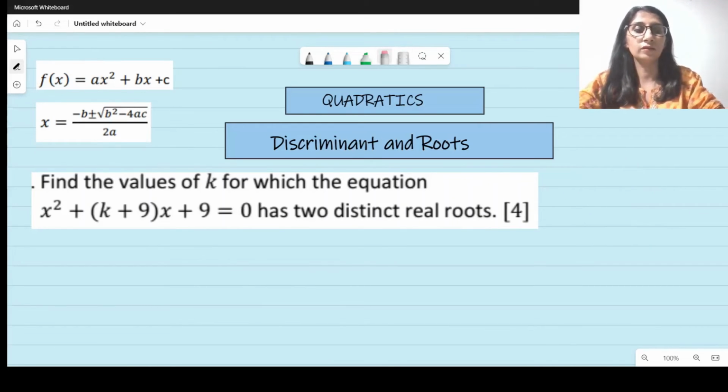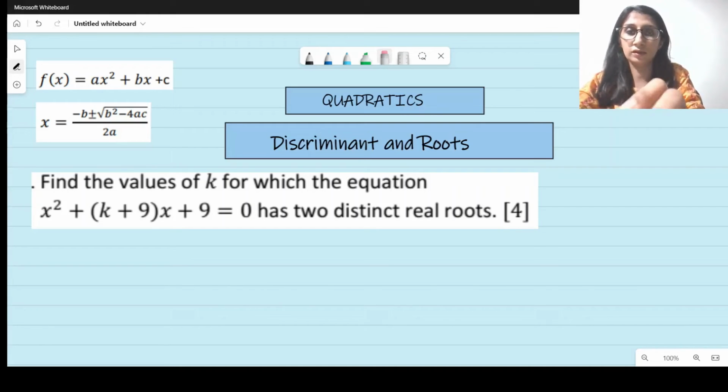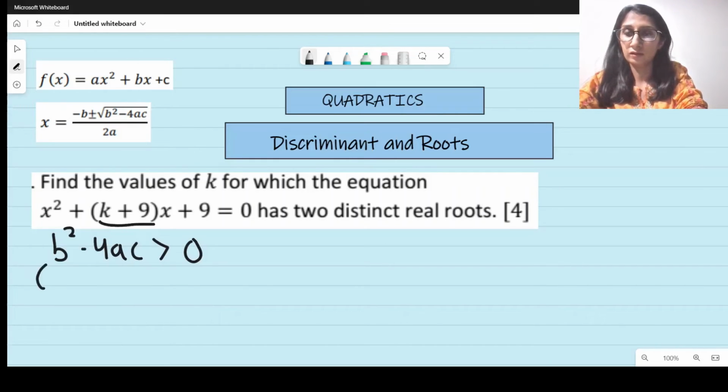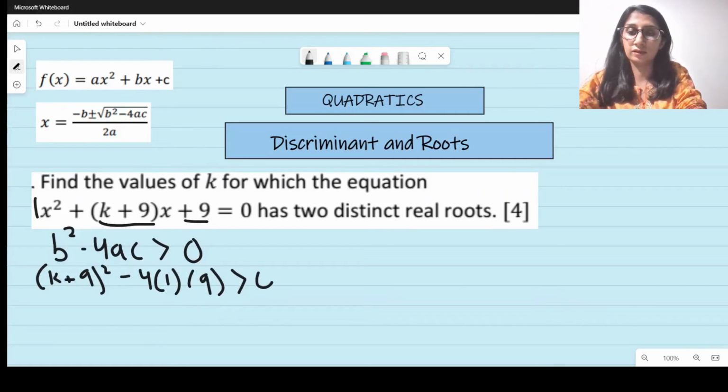B square minus 4ac is greater than 0. Now this is b, k plus 9. So k plus 9 whole square minus 4, a is 1 and c is 9 is greater than 0.